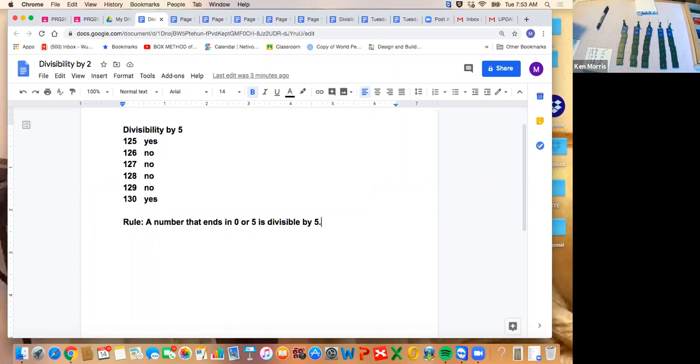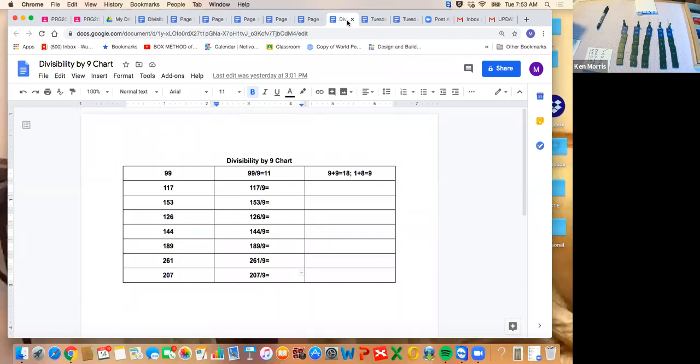So divisibility by 9. Let me just pull up. What page do we have? Page 124. Let's see if I can find it. Okay, don't seem to have it, so I'm going to just do some stuff here.